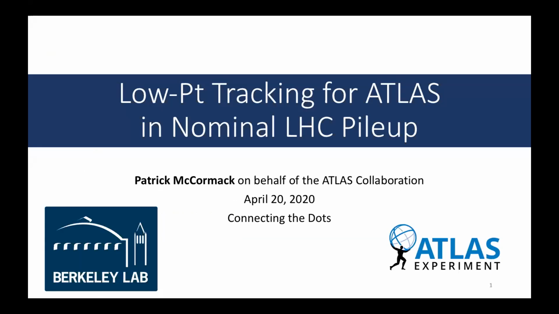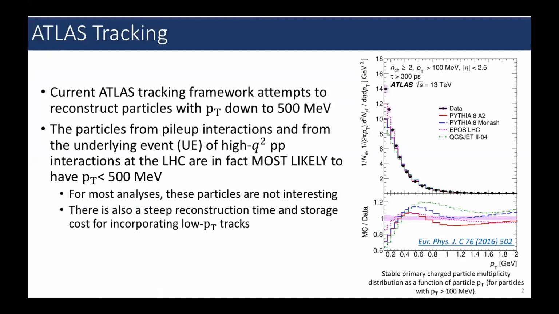Great. Okay, so this is a presentation on using low pT tracking for ATLAS at nominal LHC pileup. So a little bit on the current status of ATLAS tracking. We attempt to reconstruct charged particles with pT down to 500 MeV.